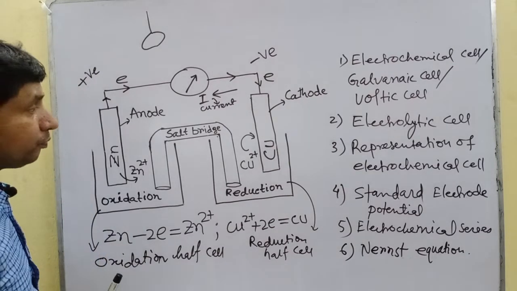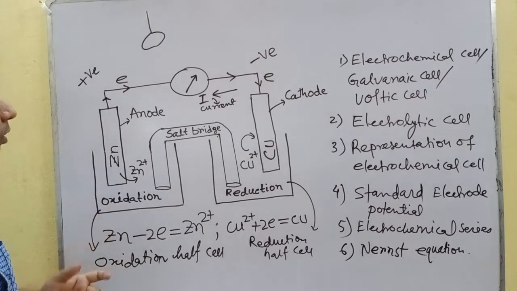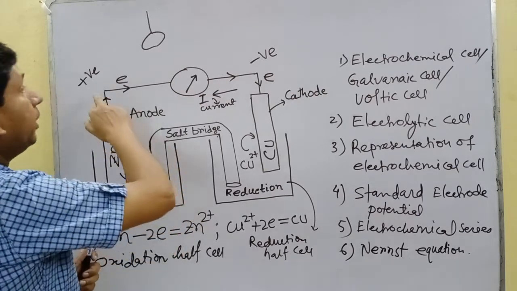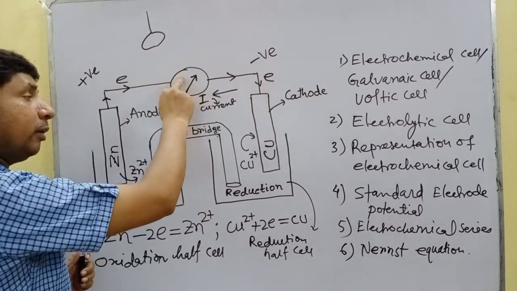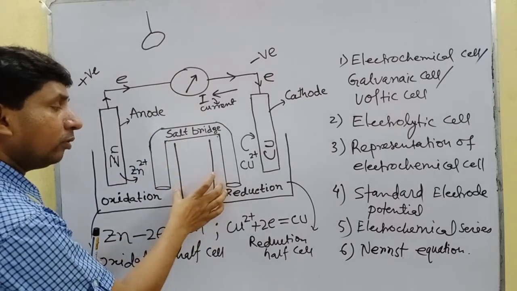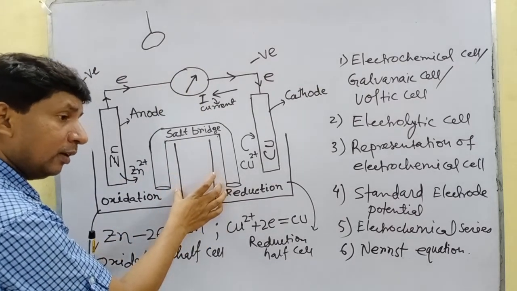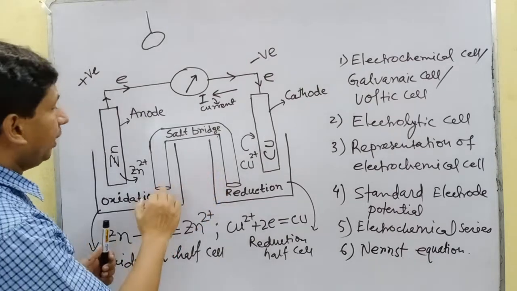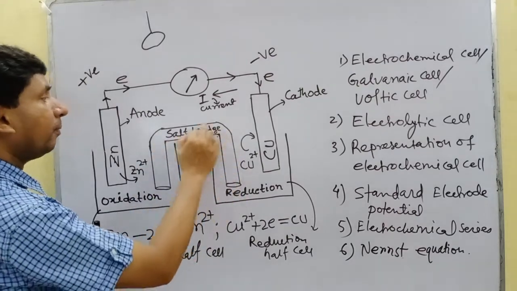Then what happen here? And there is a wire and galvanometer, and here there is no connection between these two half cell. Then we can connect only by a salt bridge.